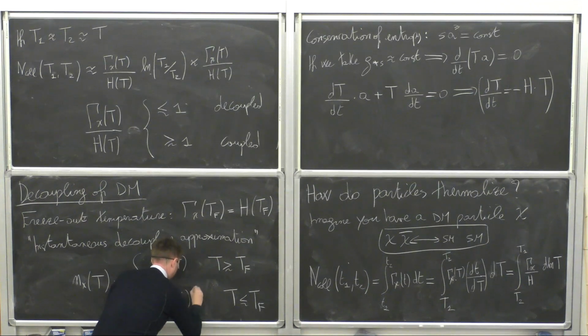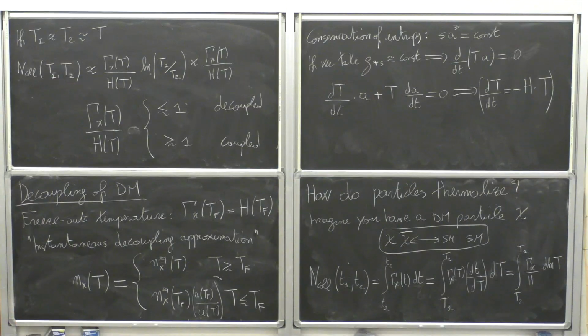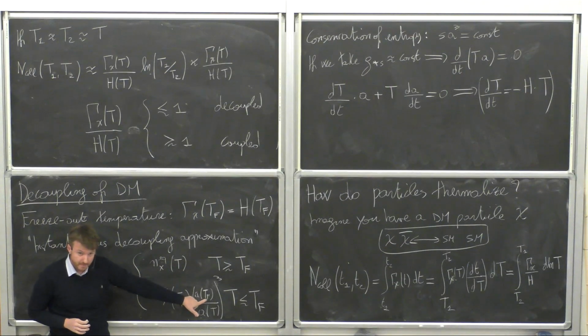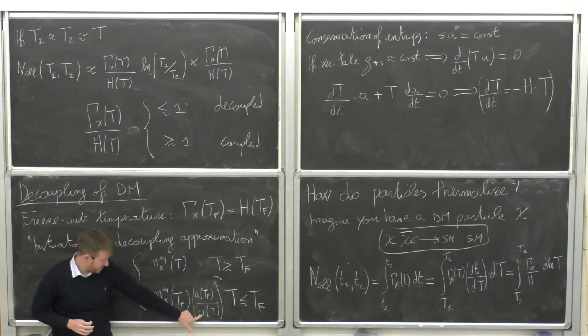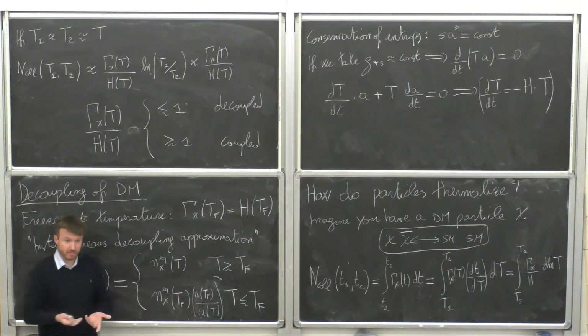So I have a(T_F) over a(T), okay? So if the temperature is below the freeze-out temperature, there is this price to pay, and this is larger than this, because the universe got bigger. So it's a suppression, it's a number less than 1.